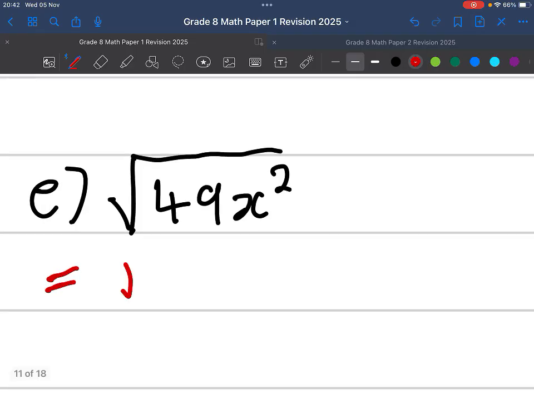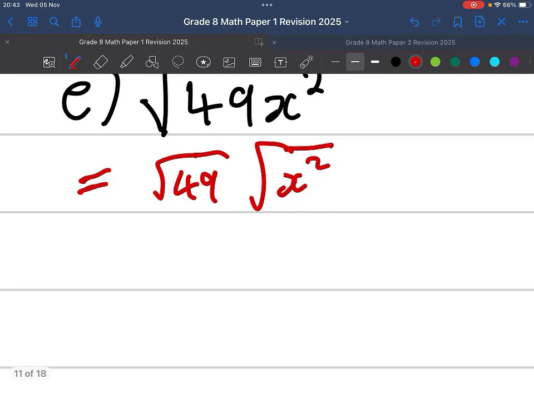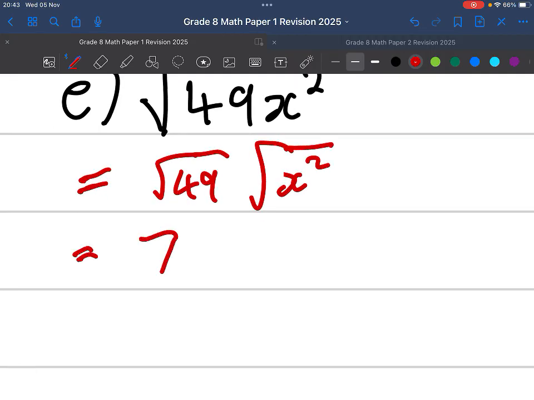It's the same as the square root of 49 next to the square root of x squared. The square root of 49 is 7, and the square root of x squared is going to be x. A square and a square root will cancel off. So the square root of a square is the number itself.